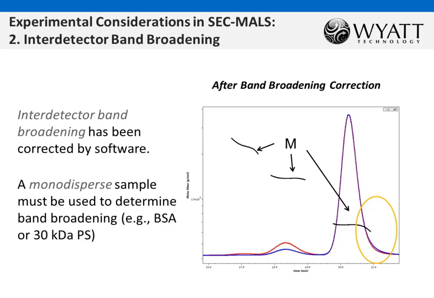Note that as for determining the interdetector delay volume, a monodisperse sample must be used for the band broadening correction. This is often done in the same experimental run. And as before, in many cases BSA works well for aqueous chromatography, and a 30 or 50 kilodalton polystyrene standard works well for organic chromatography.